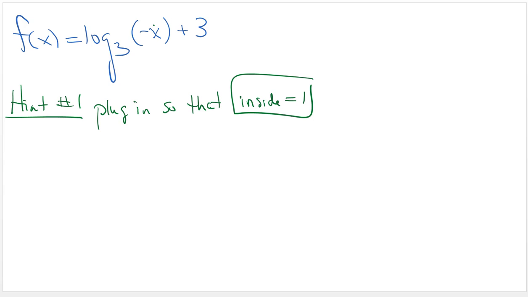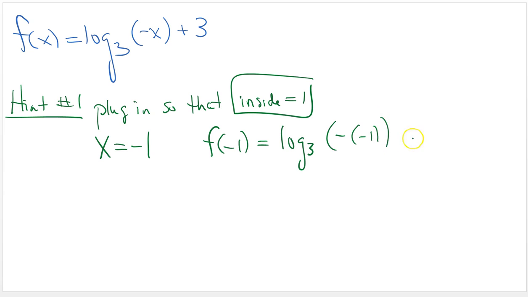Like in this case, that would give me log base 3 of negative 1, and we know we can't take the logarithm of a negative number. So plug in so that the inside is equal to 1. That would put negative 1. If I plug in x equals negative 1, then watch this. I would be evaluating f of negative 1 equals log base 3 of negative negative 1, plus 3.